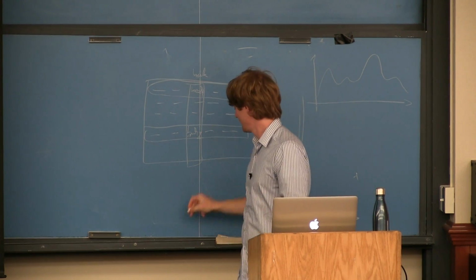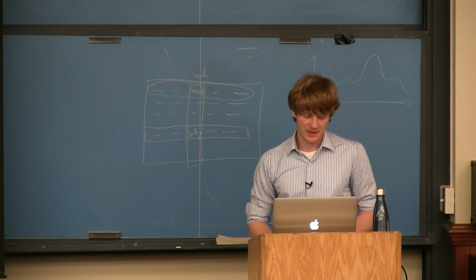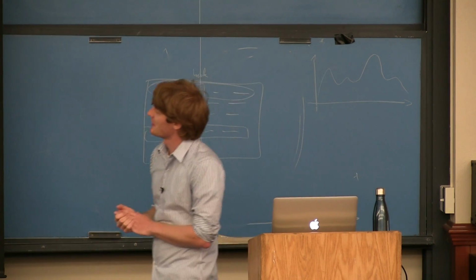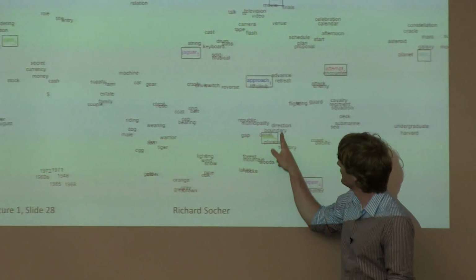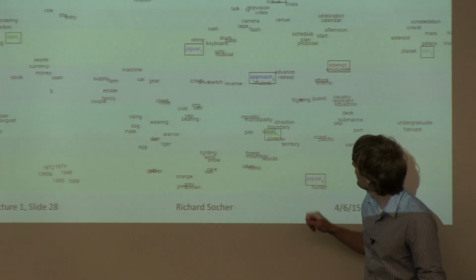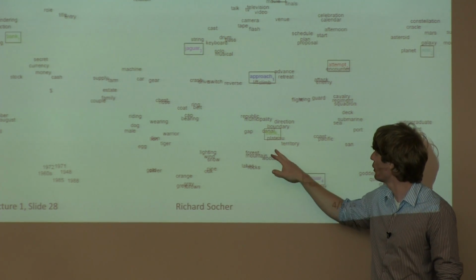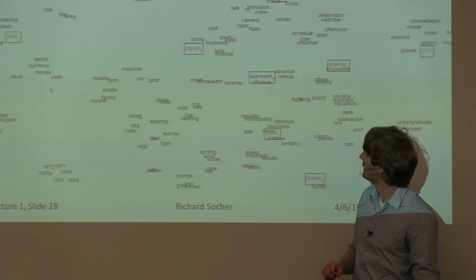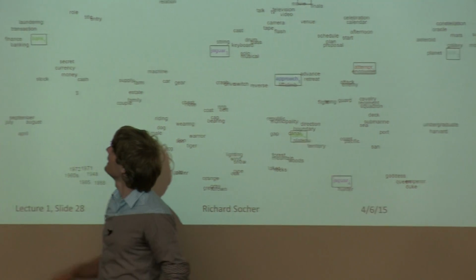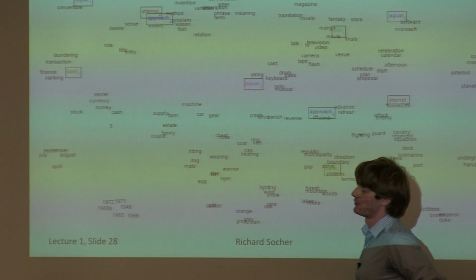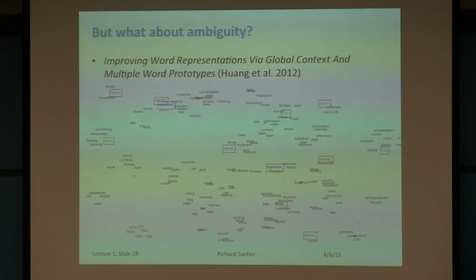Bank 2 here is in this other cluster, and this is what the result will be. Bank 2 has learned to be sort of the river bank, so it's closest to plateau and territory and gap. And bank 1 is close to finance and transaction and laundering and so on, so it's the other meaning of bank.